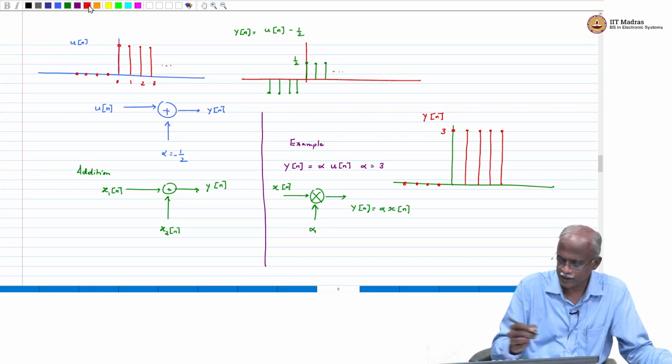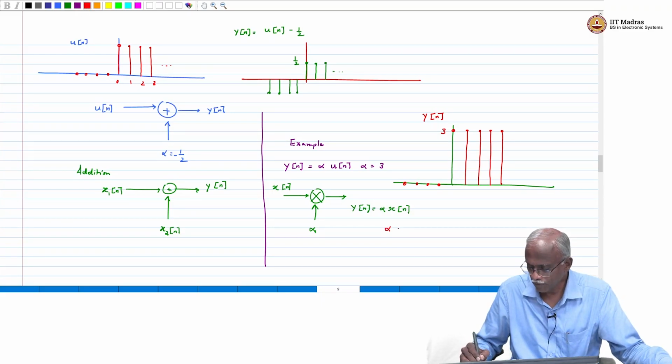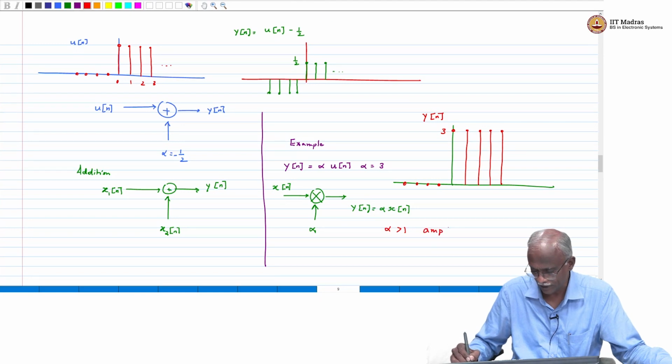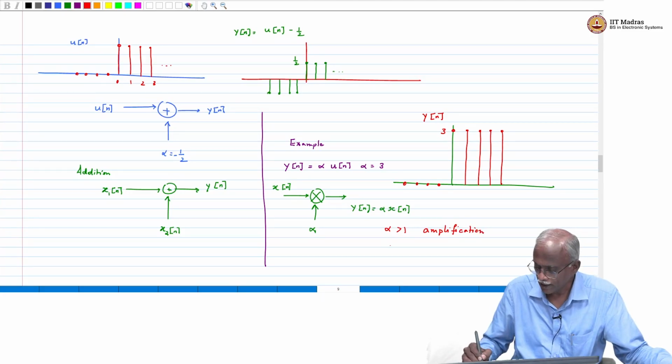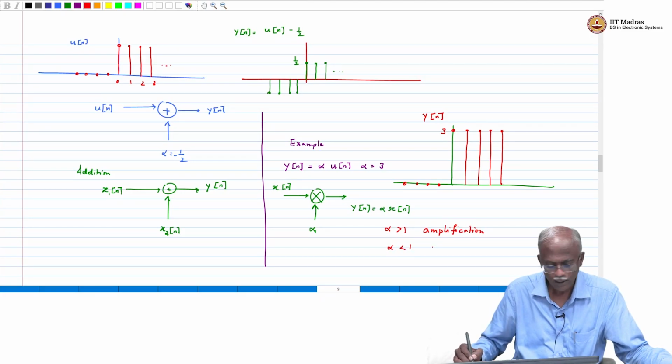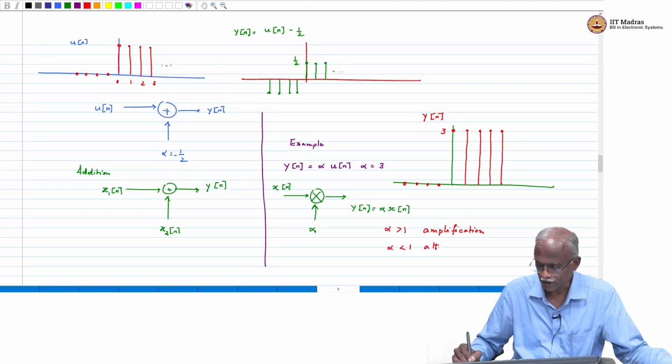If alpha is greater than 1, you get an amplification: the signal becomes larger. And for alpha less than 1, we get an attenuation.